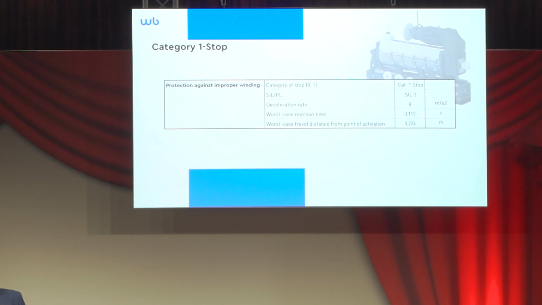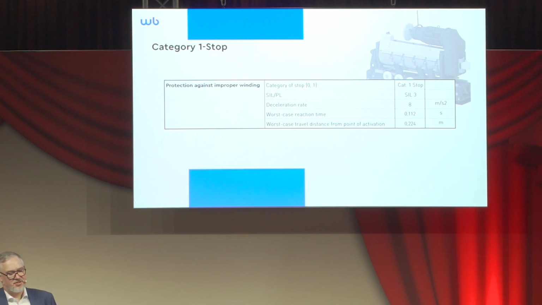So first of all, in our example, the protection against improper winding, as Steve already said, we can apply, usually in a CAD system, we would apply a category 2 stop, or I could also choose to have a category 1 stop. So I do a controlled deceleration with a set deceleration rate, and that deceleration rate is determined and defined by the mechanical design engineer.